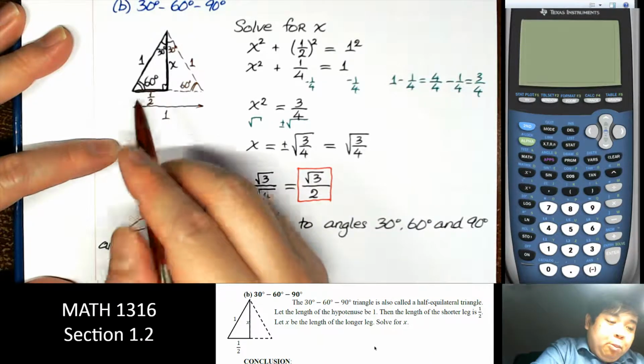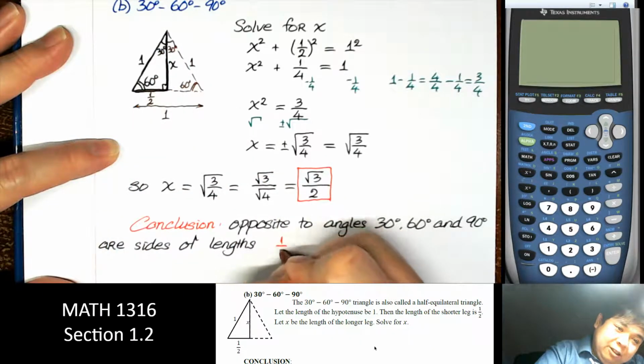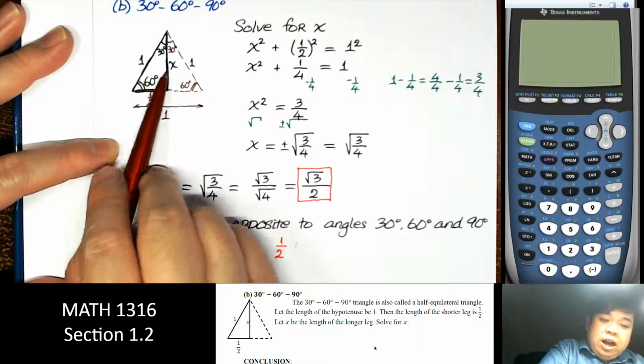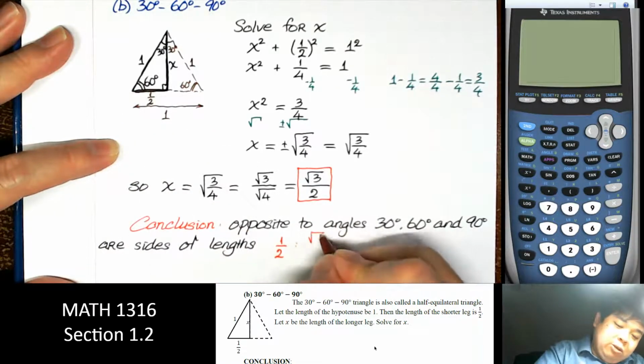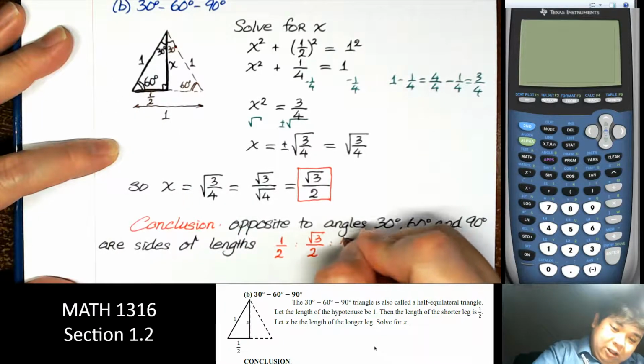Now, opposite to the 30 degrees angle is 1/2. Opposite to the 60 degrees angle is x, which is square root of 3 over 2. And opposite to 90 degrees is 1.